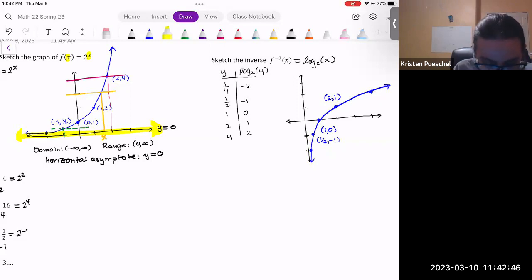The horizontal asymptote that we were close to in 2 to the x, when we are swapping our x and y values, that line that we're getting close to now becomes x equals 0. And so this is called a vertical asymptote because it's a vertical line.